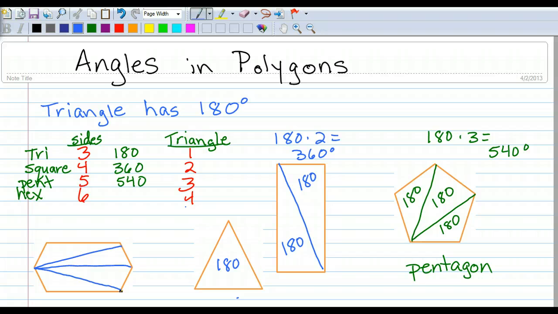So how many triangles did I make? 1, 2, 3, 4. And each is 180. So now I multiply 180 by 4, and the number of degrees in a hexagon is 720.